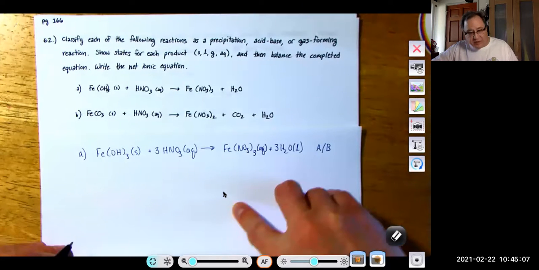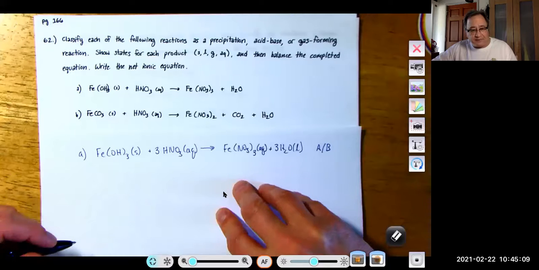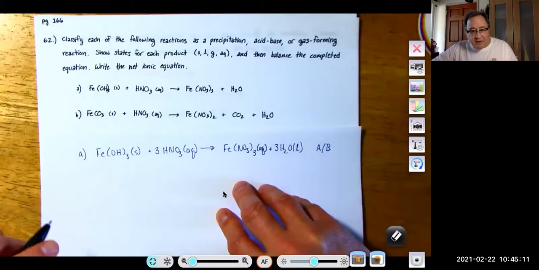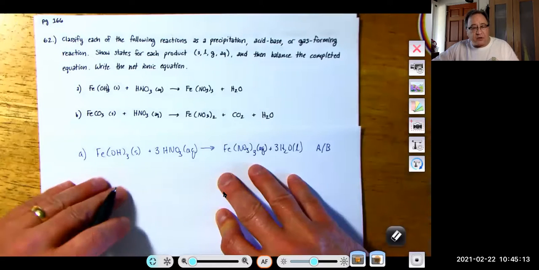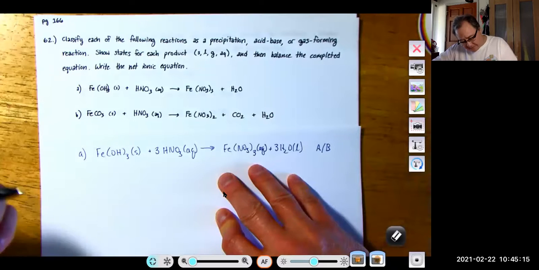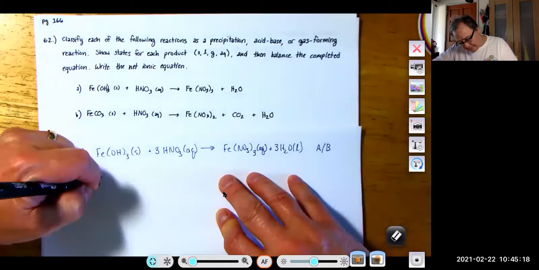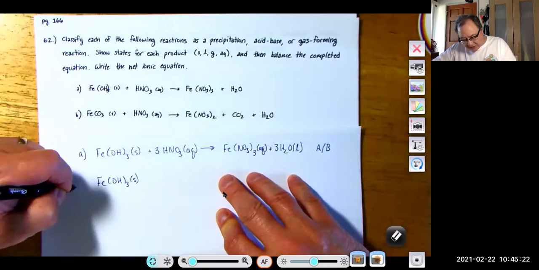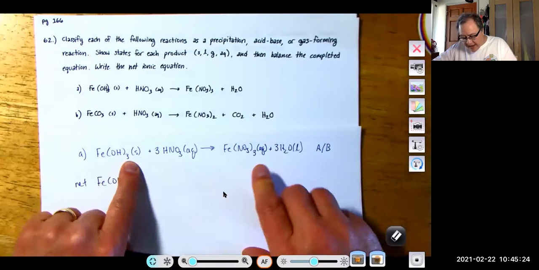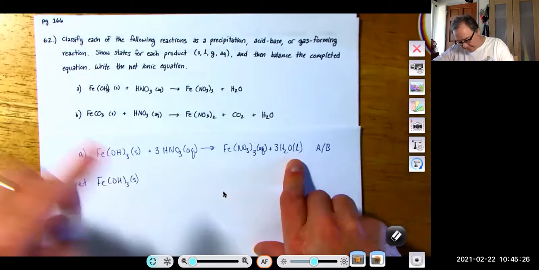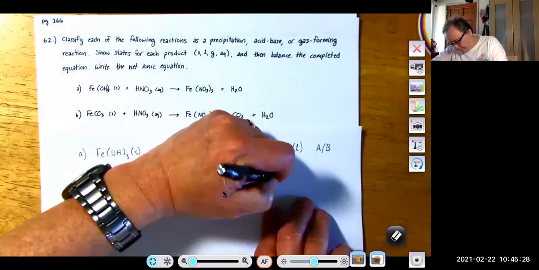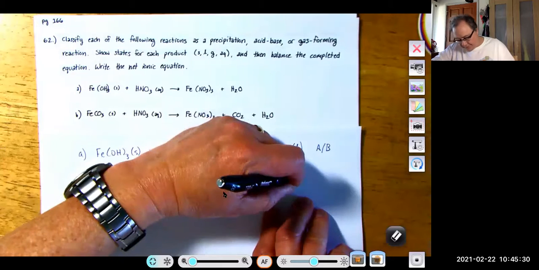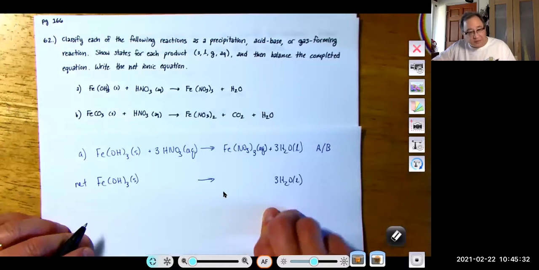Okay, now for the net ionic, remember, everything above that is a solid, liquid, or gas comes right down. So we're looking at the net. Anything that is a solid, liquid, or gas comes right down. Now, for the other things, you have to remember a few things.